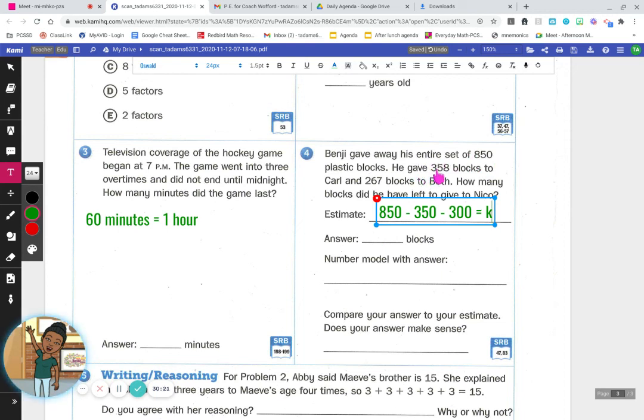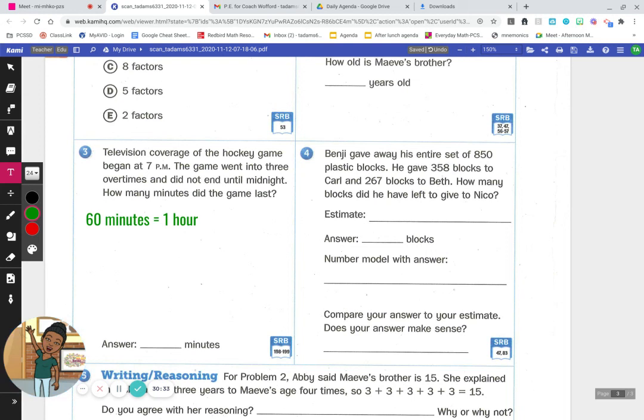That's good, okay? Maybe your estimate will look like this. Now, give an exact answer. The exact answer: 850 minus 358 minus 267. Don't worry about the number model, but I do want you to compare your answer to your estimate and tell me if it makes sense.